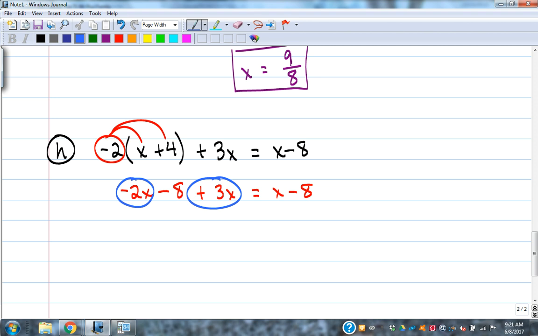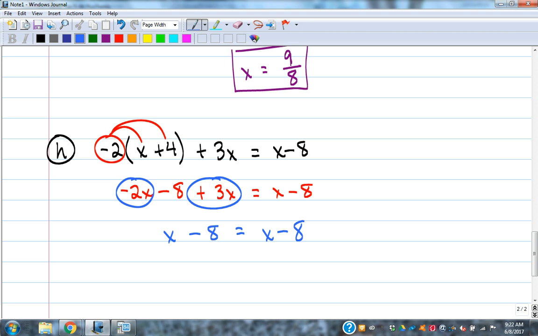They're like terms, so I'm going to put those together first. -2x and +3x would be how much? 1x, good. And the -8 is still there. Then we get something interesting happening here. What do we notice about both sides of the equation? They're exactly the same.